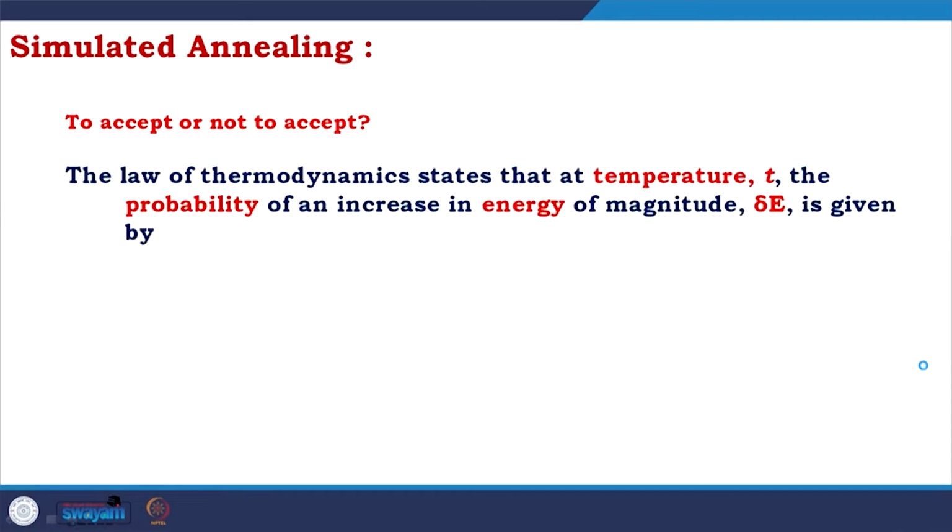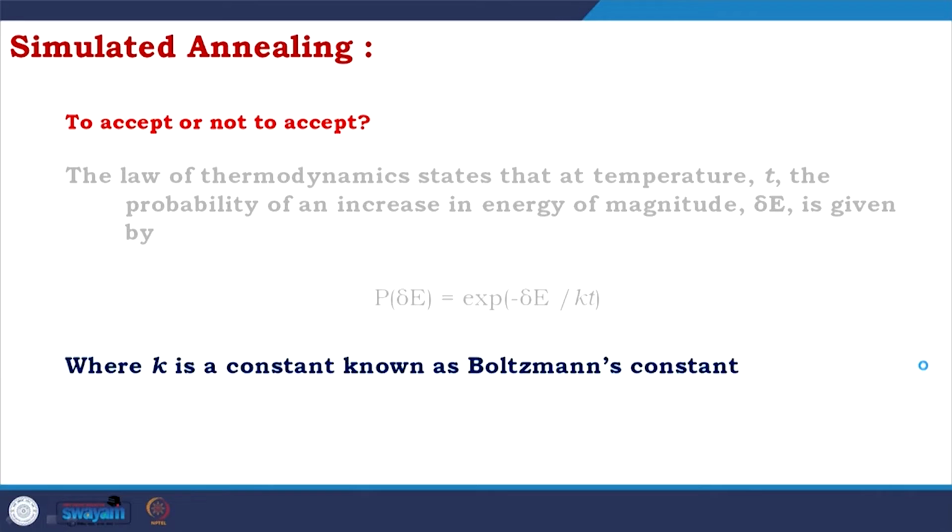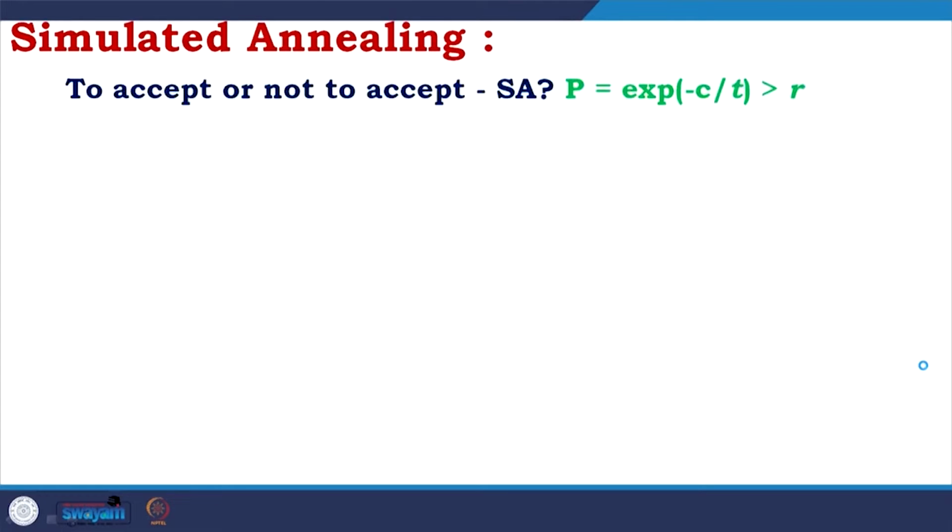The law of thermodynamics states that at temperature T, the probability of an increase in energy of magnitude del E is given by P(del E) equal to exponential of minus del E by kT, where k is a constant known as the Boltzmann constant.